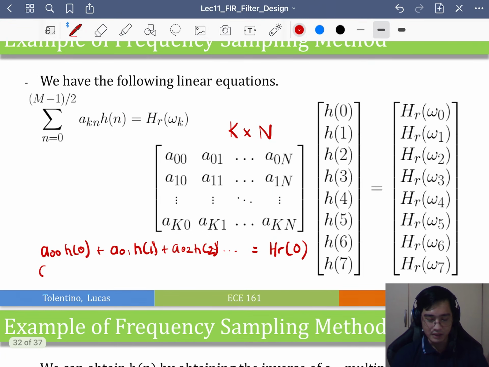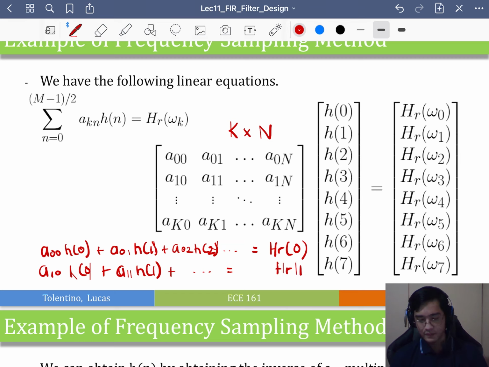And then the second equation is A10 h of 0 plus A11 h of 1 and so on, which is still 1. So actually we are getting 8 by 8 linear equations, with 8 by 8 coefficients of A sub kn. You can do this in Matlab or any calculator that you have, so that you are able to see how to get this.